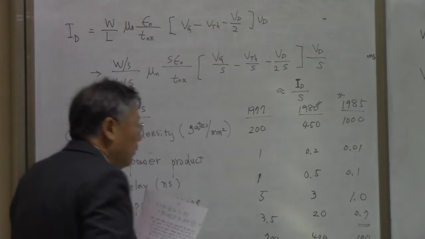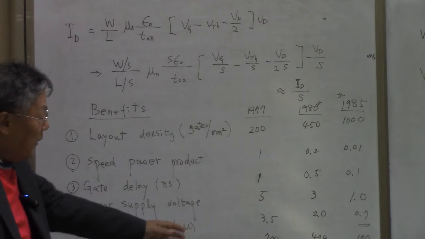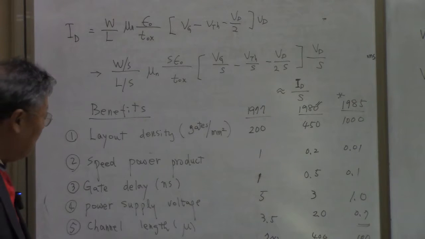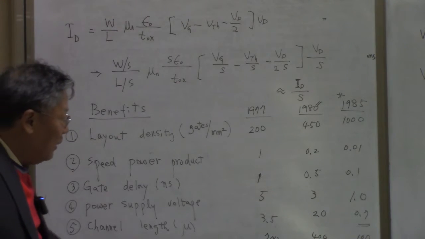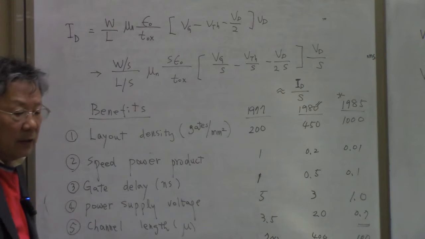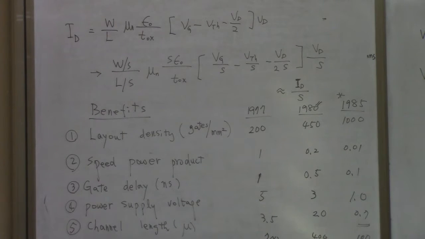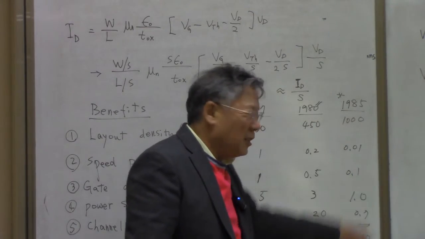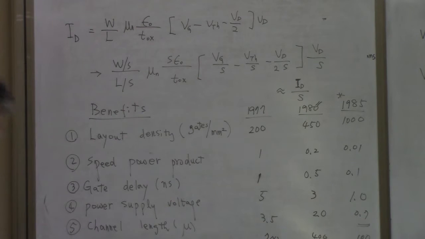We have an equipment limit. We cannot make oxide thickness less than 100 angstrom, even these days. So that is a prediction that was made in the 1980s, and it is just overestimated, I think. But you can get the feeling why we want to scale down the device, okay?